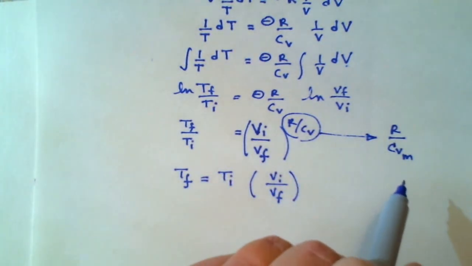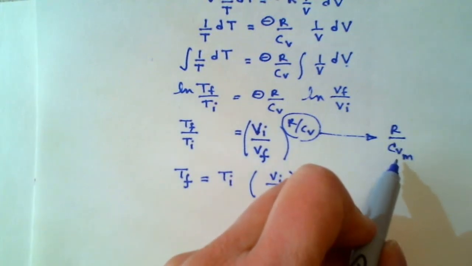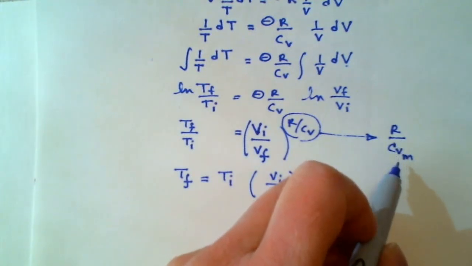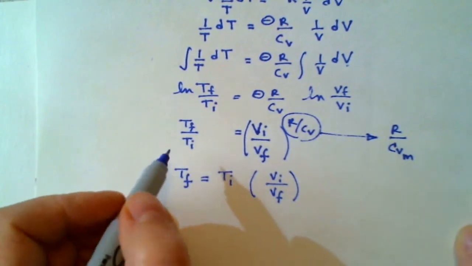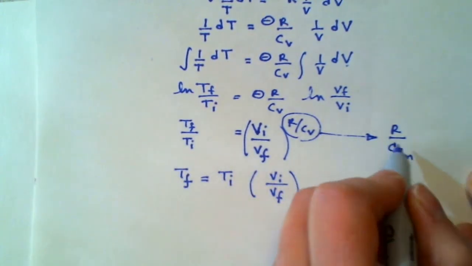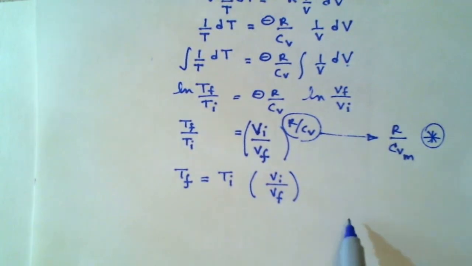It doesn't necessarily give us license to use 3/2 R for CV. If we know the identity of the gas, we should probably be using the real heat capacity. Okay, so I'm just going to put an asterisk there because you really just want to hold on and see what you're allowed to use.